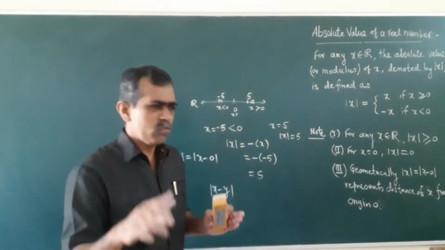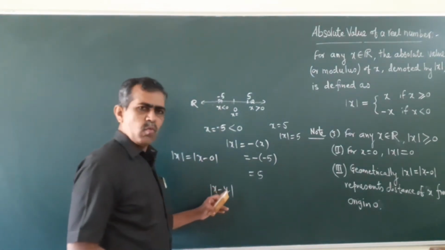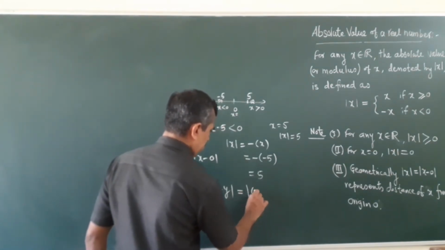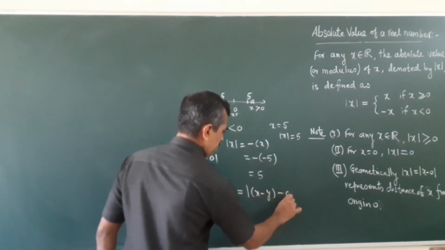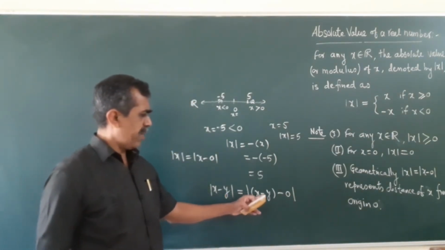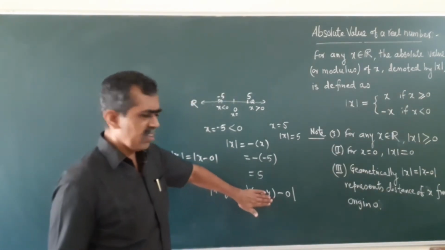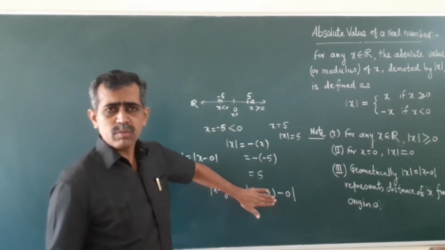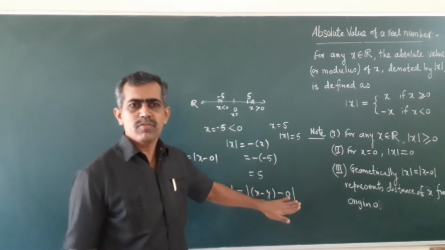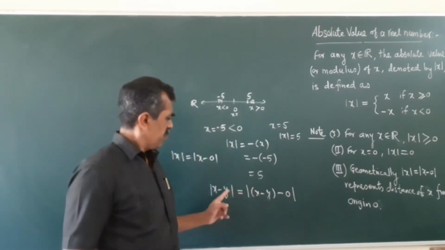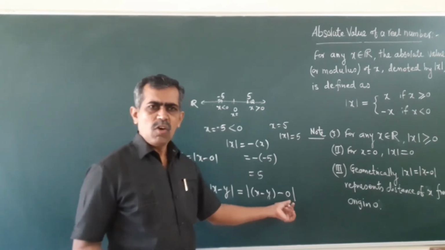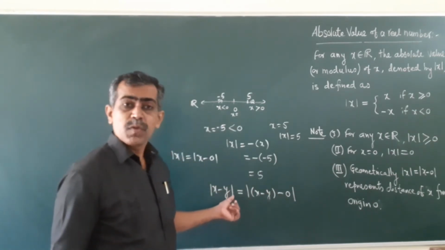So both mean the same. If I write mod of x minus y as mod of x minus y minus 0, because this is a single real number z, then mod of z minus 0, just like mod of 2 means mod of 2 minus 0. So it is the distance of x minus y from origin, or you may say distance of x from y.